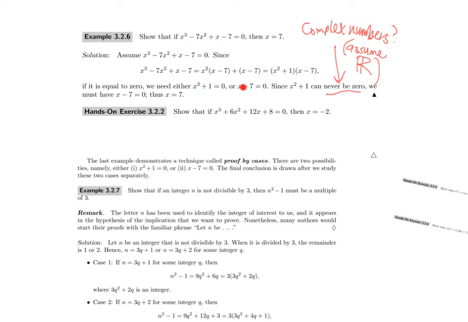We have to technically examine each case separately and argue from there why we can conclude what we need to conclude. So case 1 would be x squared plus 1 equals 0. Case 2 would be x minus 7 equals 0. And we looked at the two cases separately, and that's how we were able to get to our conclusion.